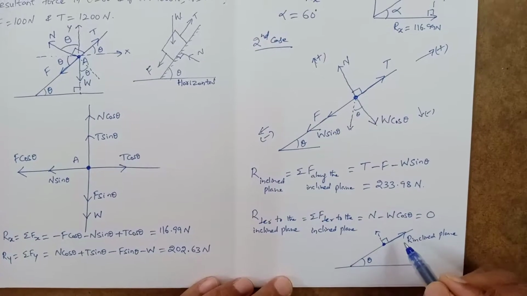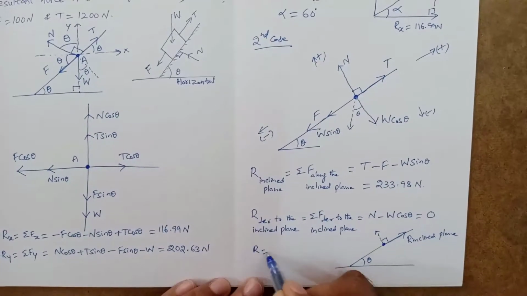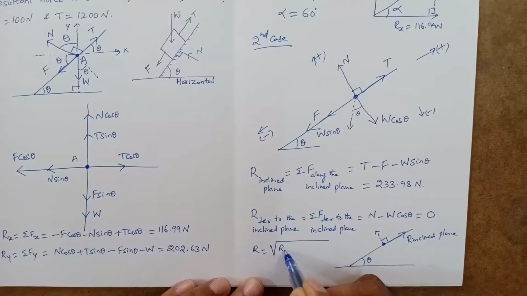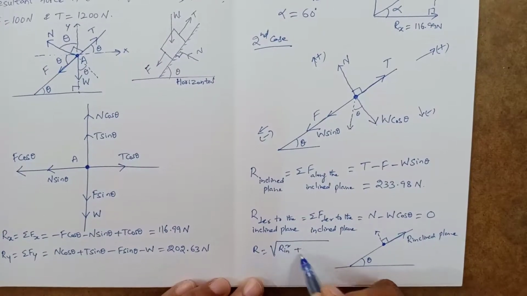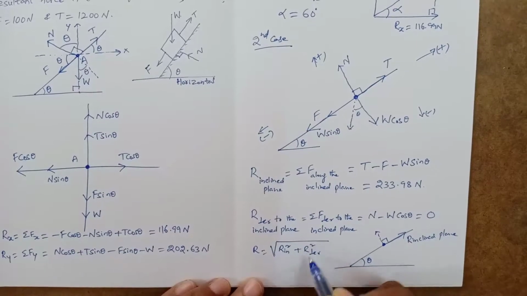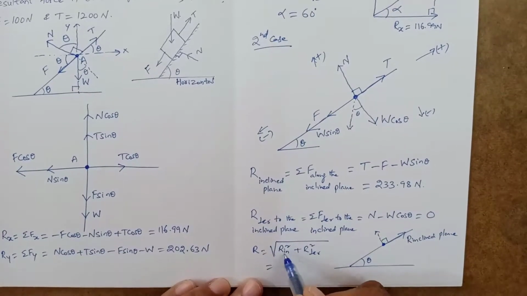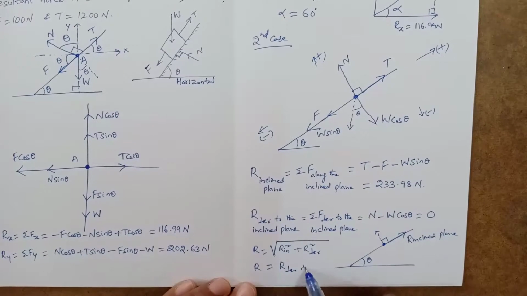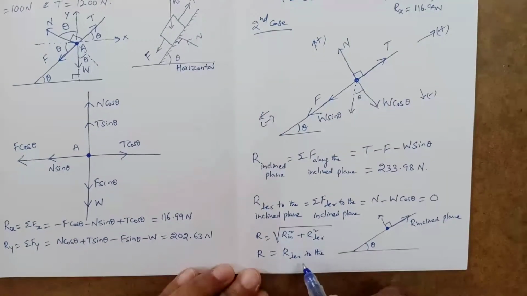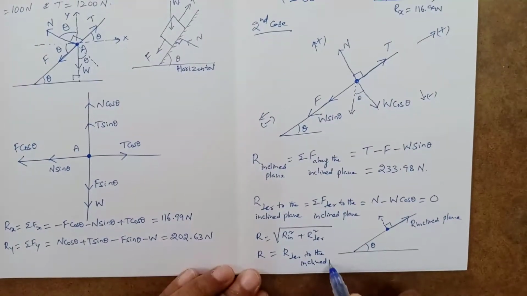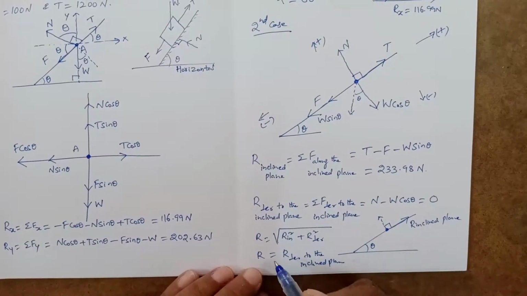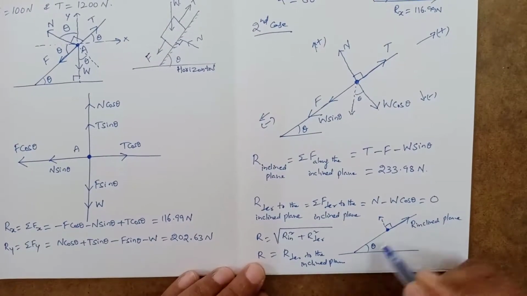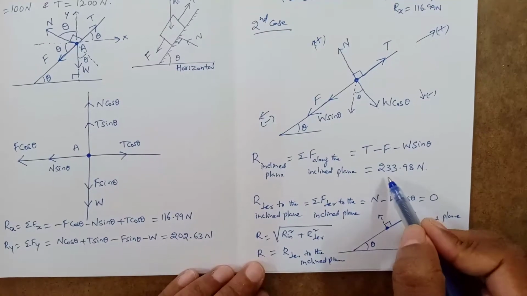That implies the resultant force R is equal to the square root of R along the inclined plane squared plus R perpendicular to the inclined plane squared. So R perpendicular is 0, so the root and square cancel, so R is equal to R along the inclined plane. That implies the resultant force acts only along the inclined plane, and that value is 233.98.